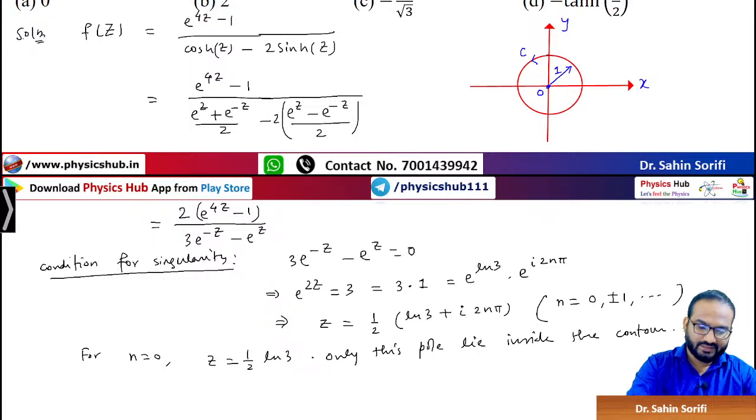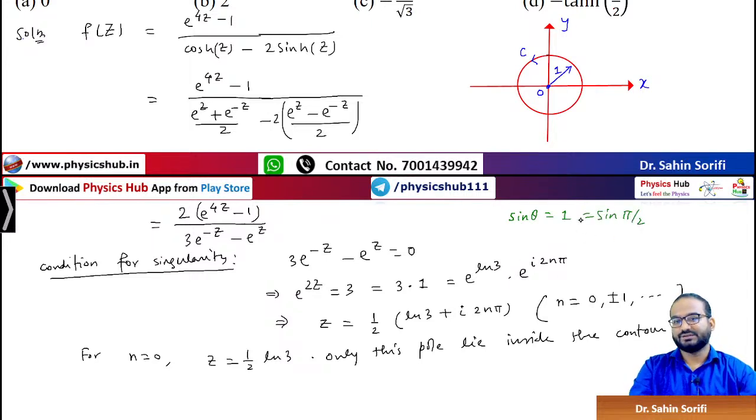Where do we have to use this logic? Everywhere you have to use this logic. If it had been -3, what would you have done? 3 into -1. So if you want to write a general expression, what do you write? Look, for example, sin theta is equal to, let's say, 1. If you want to write sin pi by 2, then it is 1.